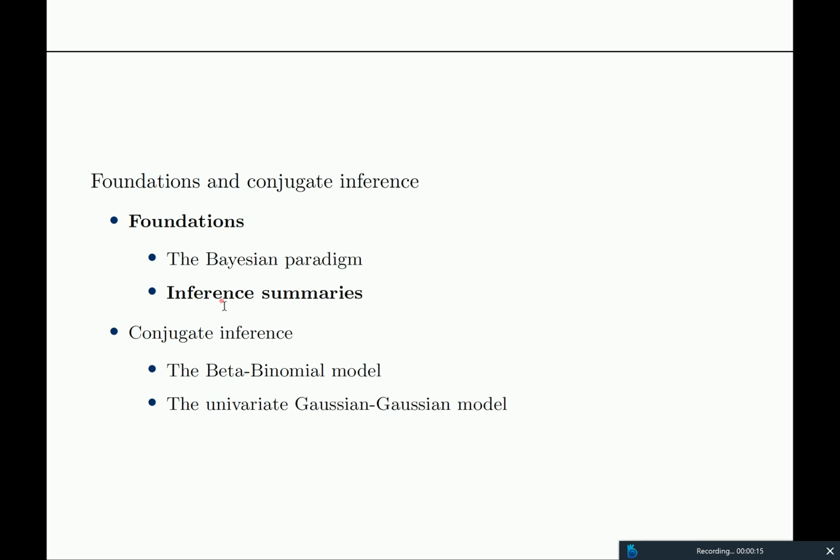Good, then let's continue. So the first thing now I want to discuss a little bit is how to summarize the posterior distribution, because of course in practice it's sometimes useful to have, instead of just giving someone a posterior distribution over a parameter, to give them or yourself a specific number.